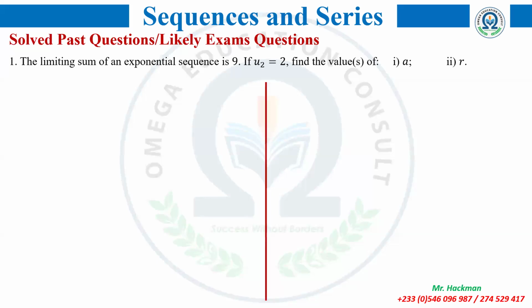Some I picked from the past questions and altered, so that I can assess you based on whatever I want to bring out of you. So some will be direct, some will not be direct. The indirect ones are what I am calling likely exam questions. I also added mine as well. Some of the questions are not past questions.